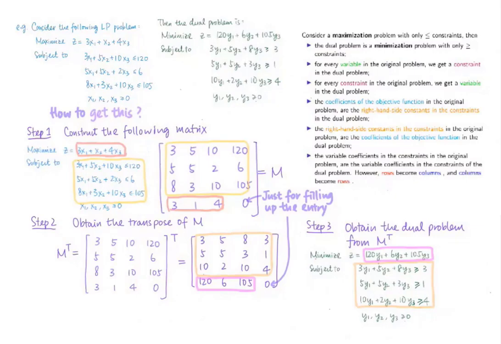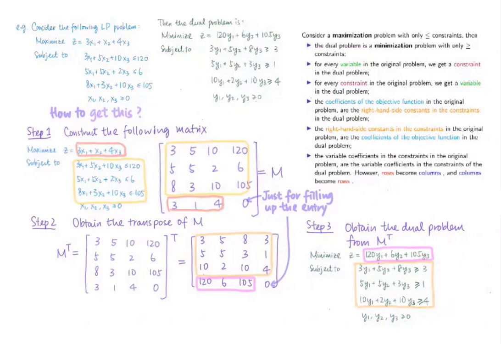For example, since the first constraint is 3x1 plus 5x2 plus 10x3 less than or equals to 120, the first row of the matrix will be 3, 5, 10, and 120. The second and third constraints are written similarly.